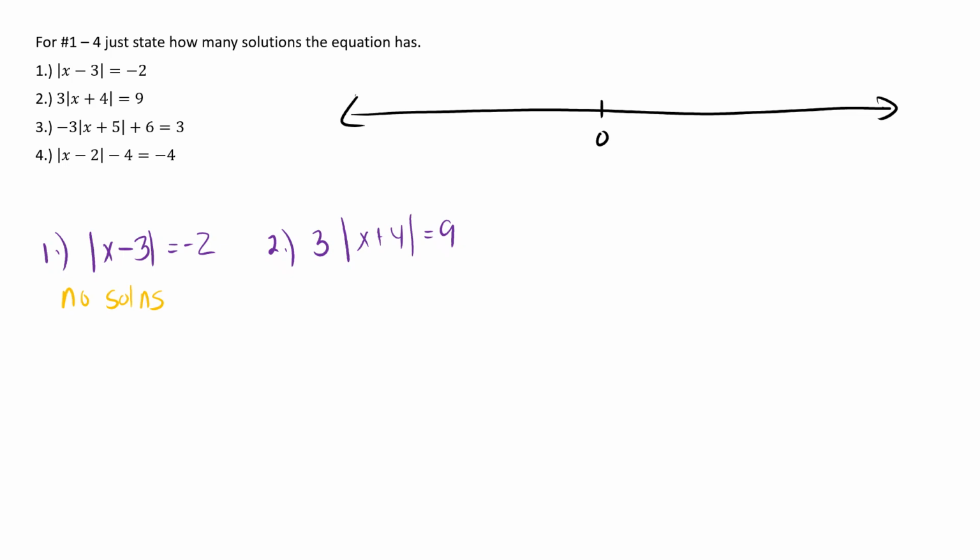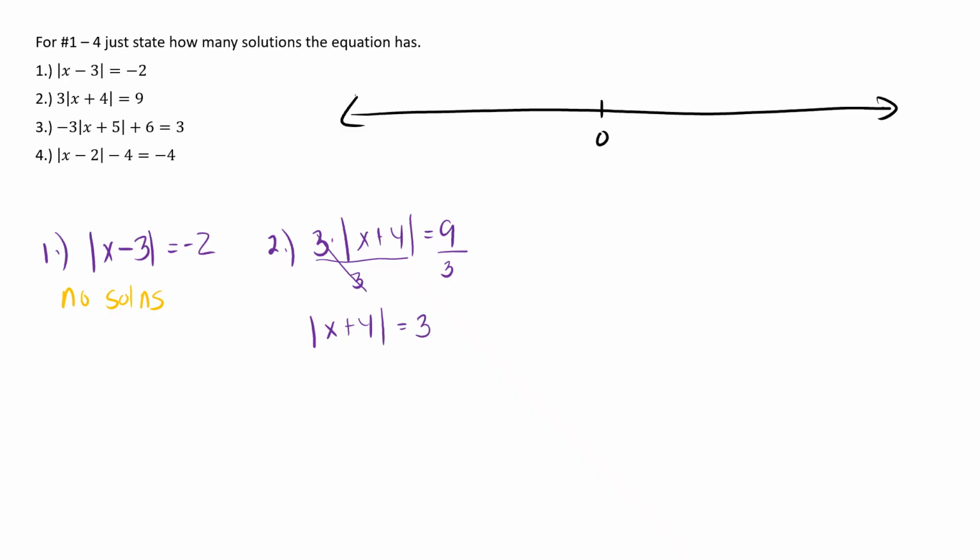Okay, so this is multiplication right here. And I did mention in the video, we do not want to distribute through the absolute value, because if we're distributing a negative, we are going to have issues. It's going to end up doing away with the negative. So the way we want to handle that is by division. 3 divided by 3 is 1. Causing that to cancel out. 9 divided by 3 is 3.